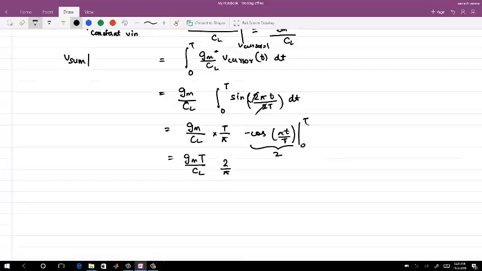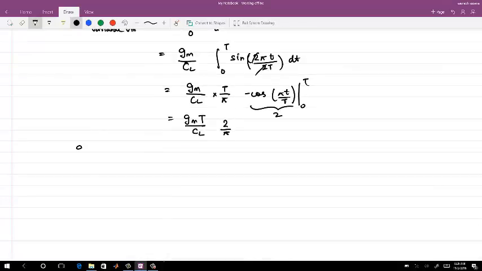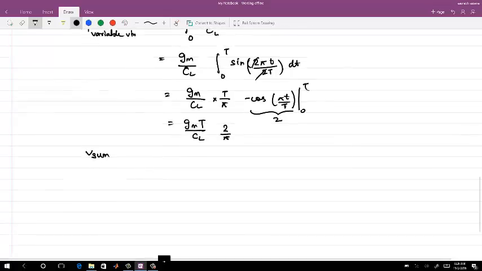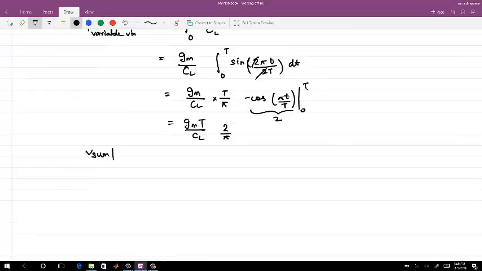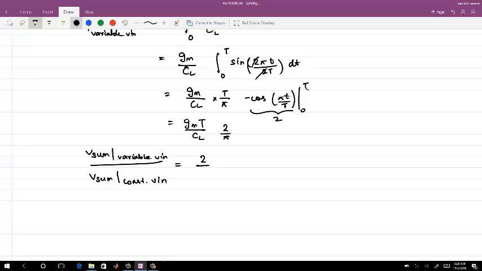So variable Vin. Now just compare Vsum for variable Vin and Vsum for constant Vin. That is basically a factor of 2 by pi.